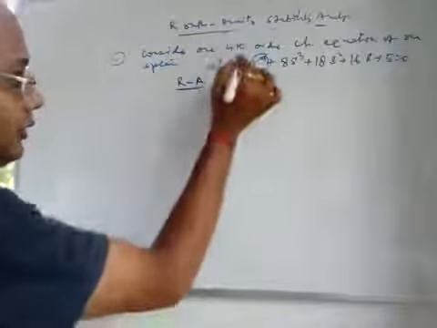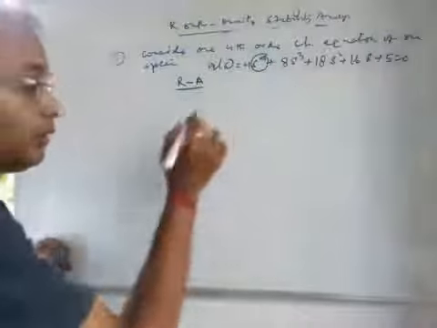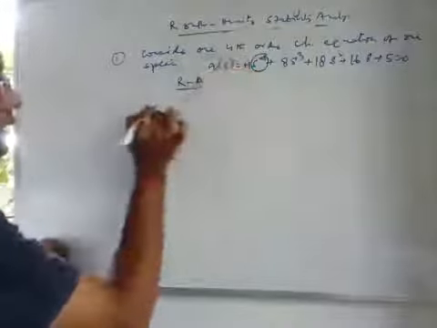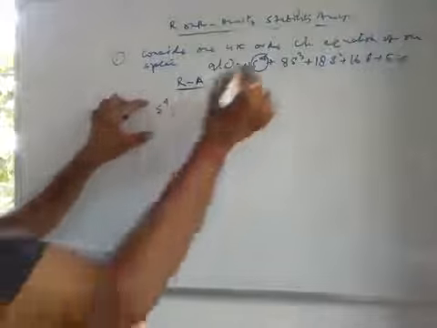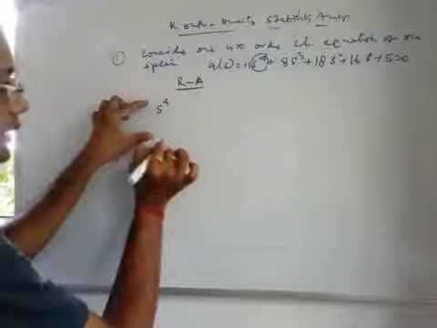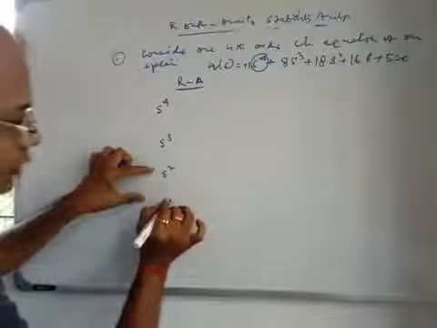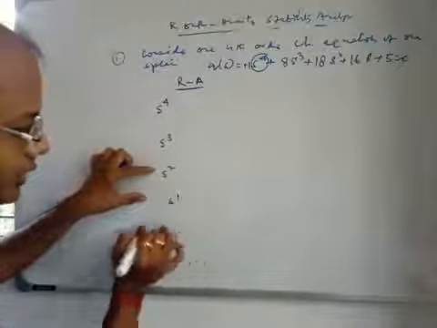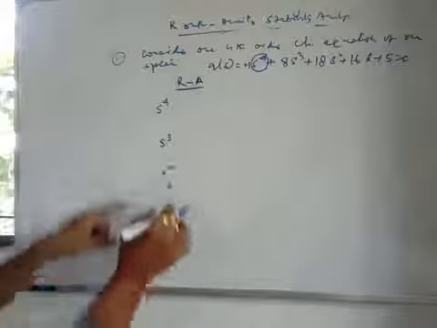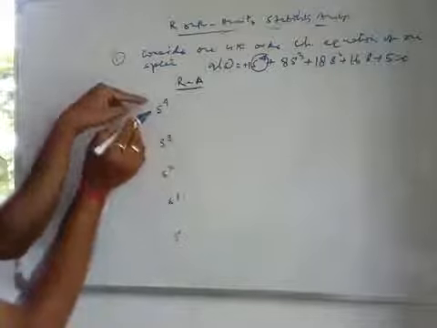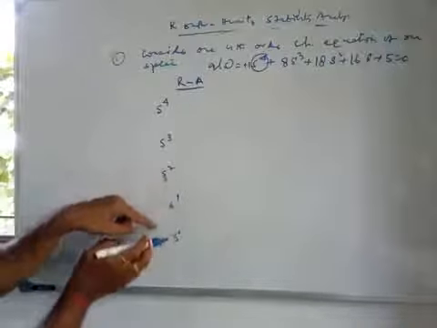As this is one array, we will consider the highest power of s first, s to the power 4. Next we will write s cube, and so on, s square, s to the power 1 and s to the power 0. That means we will form an array with the coefficients of s^4, s^3, s^2, s^1, s^0.